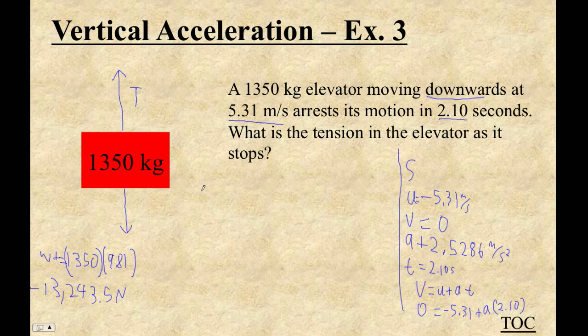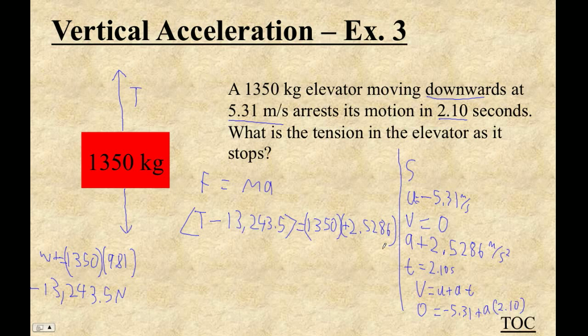And now we're set. We can use F equals ma. And the forces are an unknown force, right, minus the weight, 13,243.5, right? And then that equals 1350 times this acceleration that we figured out, 2.5286.